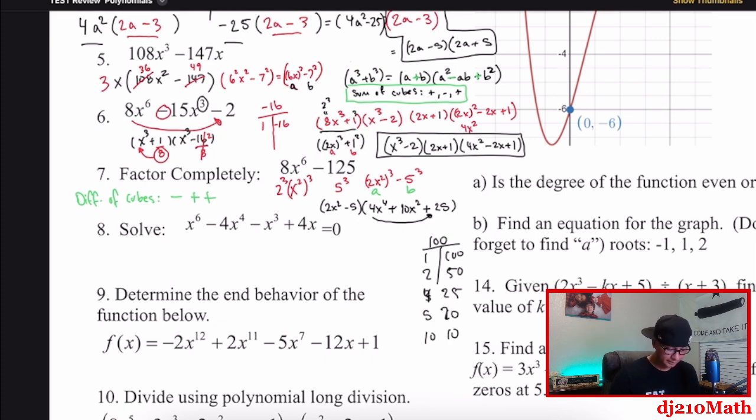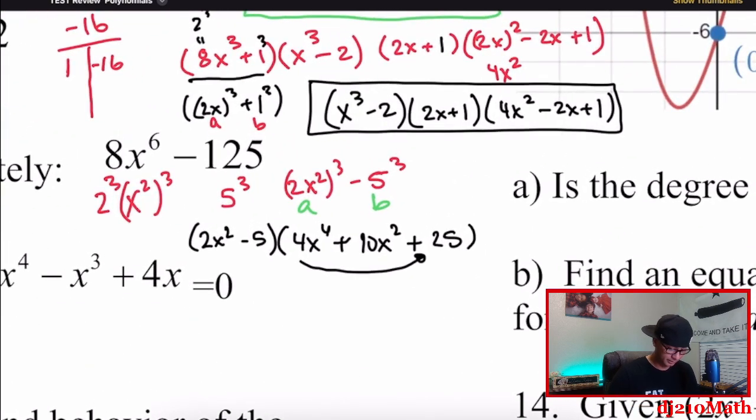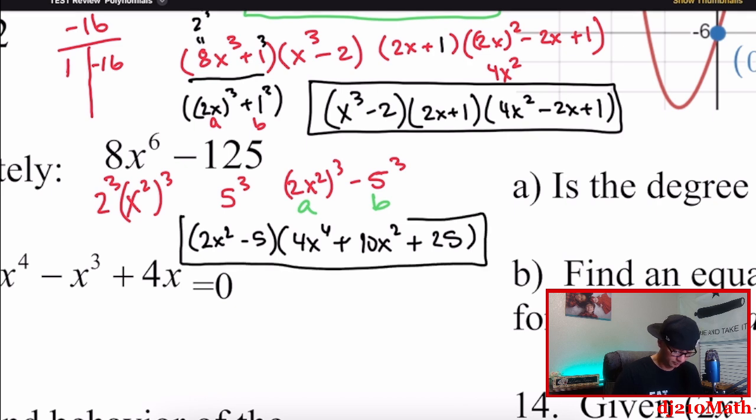So nothing adds up to 10. There's no way to make 10 out of any of these. So I think it's safe to say that this is the factored form. It almost looks like it would factor, but it doesn't.